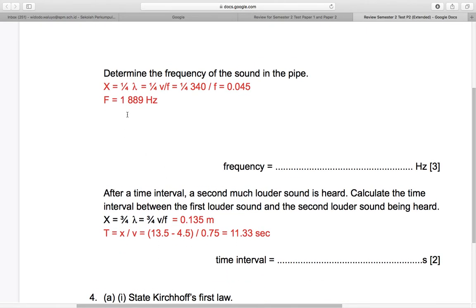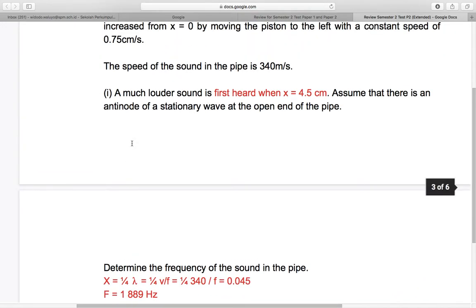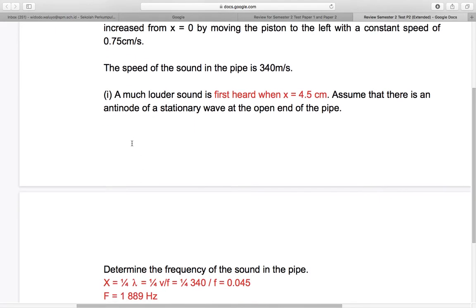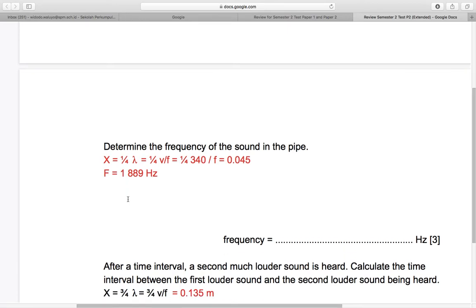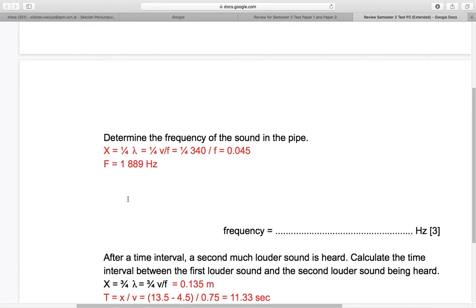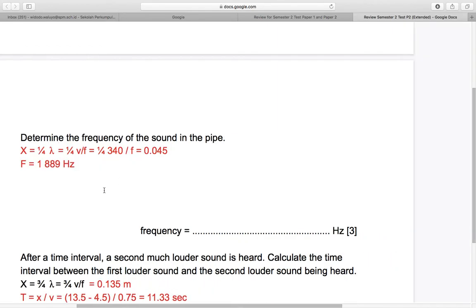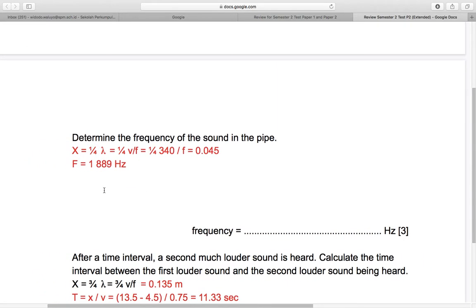For the first hearing, x equals a fourth of the wavelength, so a fourth of v over f, since lambda is velocity divided by frequency.